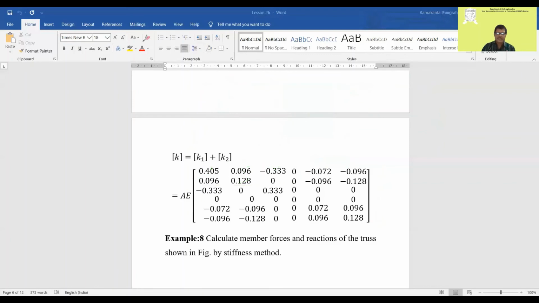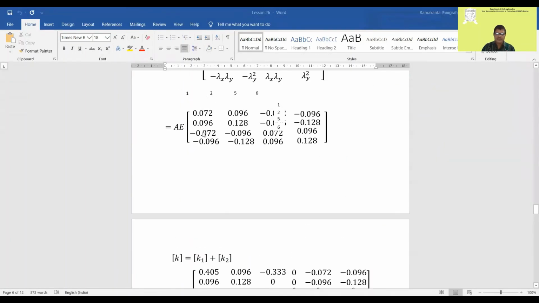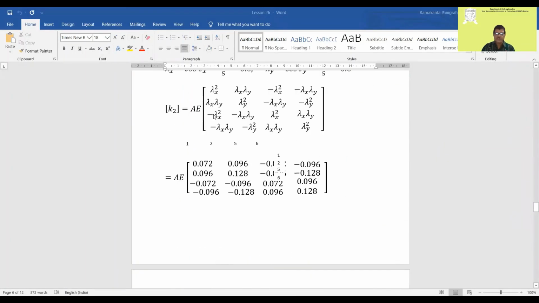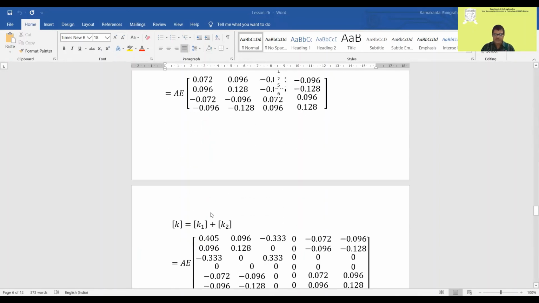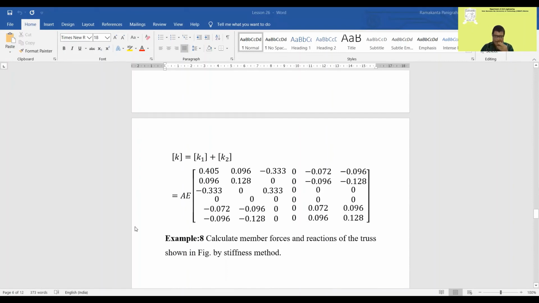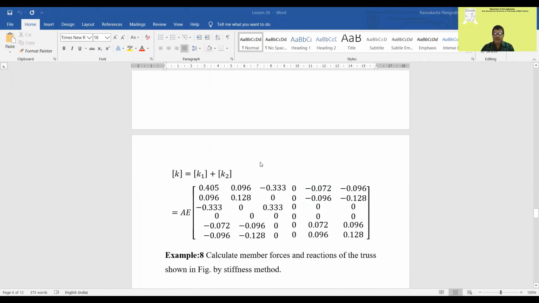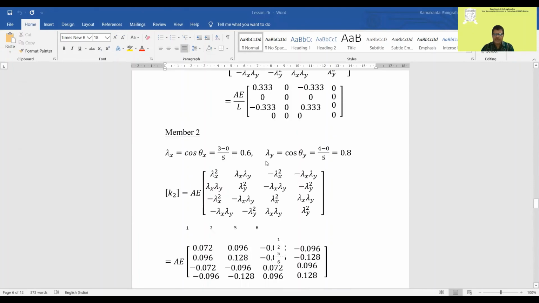You can check K11. Here K11 is 0.072 and here it is 0.333. You just add it: 0.405. So it must be 0.405. The second term is 0.096.